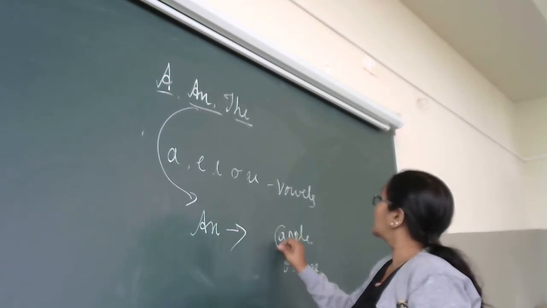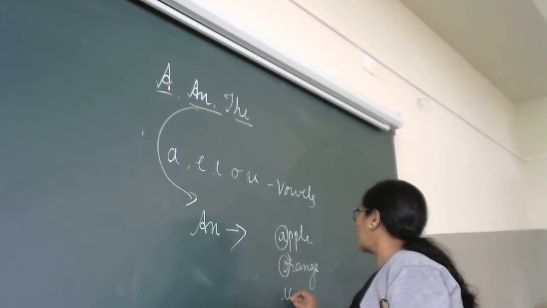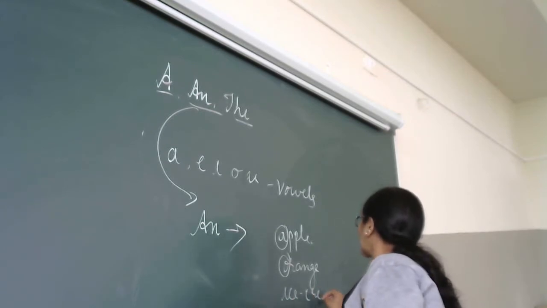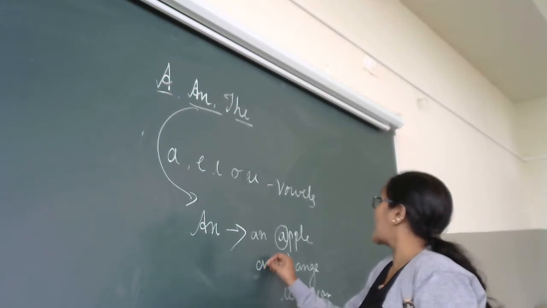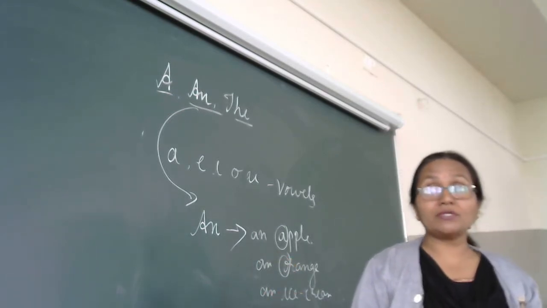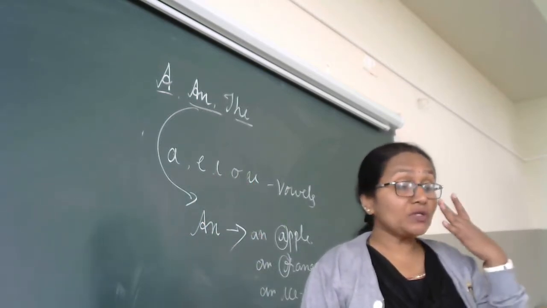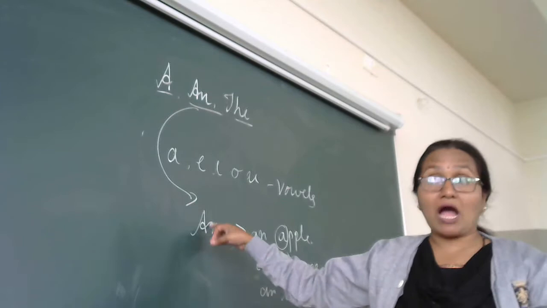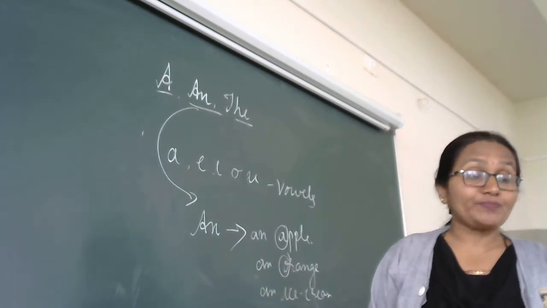The first letter is a vowel. You all know this. So we use an ice cream, an orange, an apple, an owl. We use an before the nouns which begin with a vowel sound.